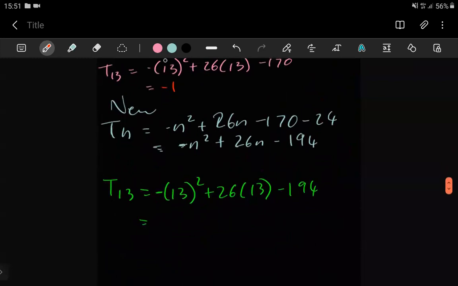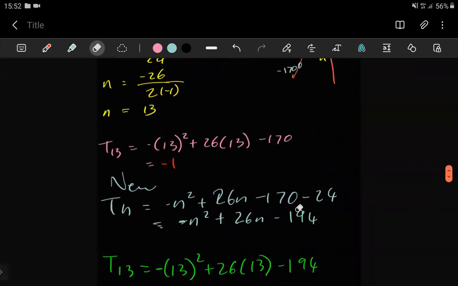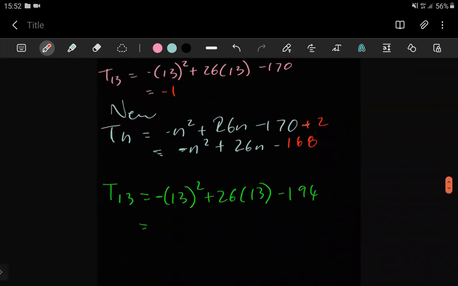So the new equation will have plus 2 here, and then this here will be negative 168. And then we'll have a new value here.